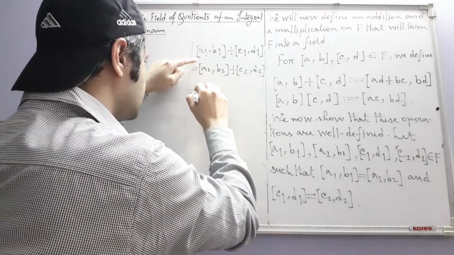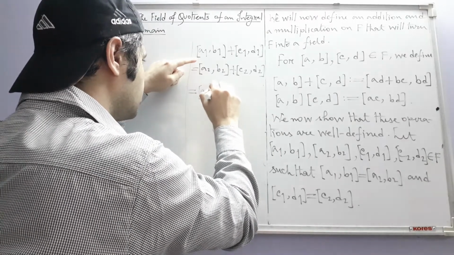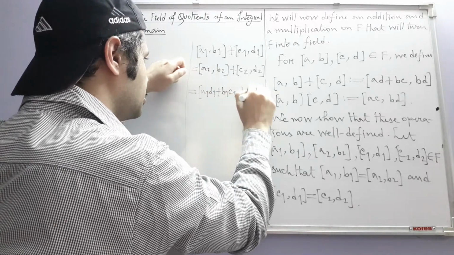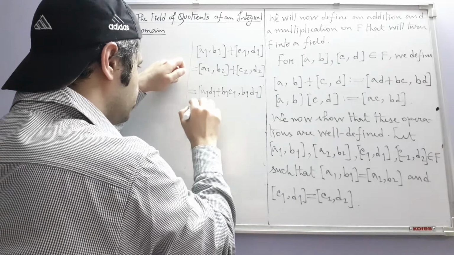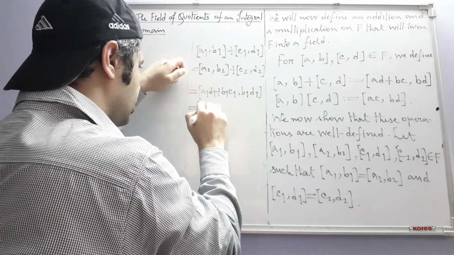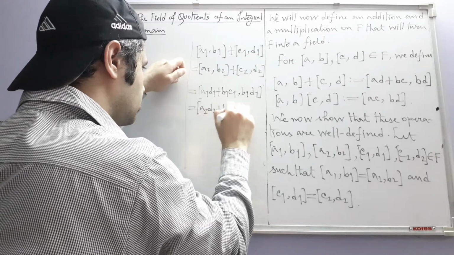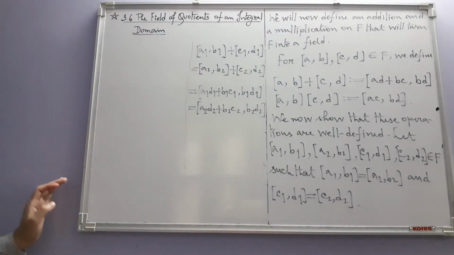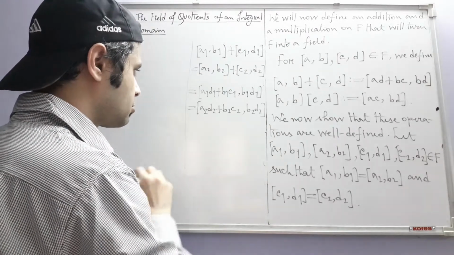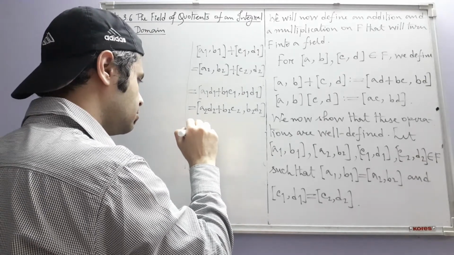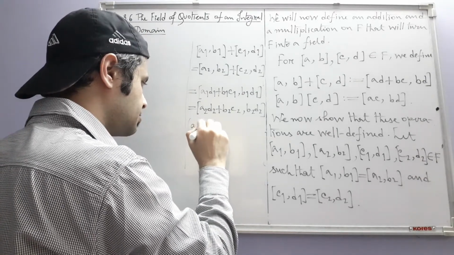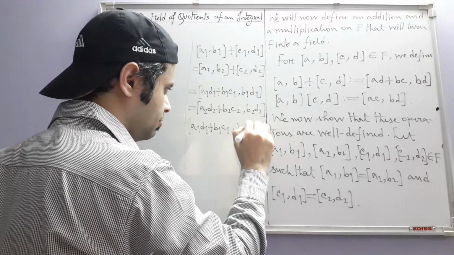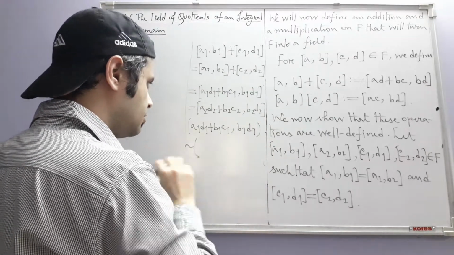So this means, according to the definition, this is (A1 D1 plus B1 C1, B1 D1). This should be equal to (A2 D2 plus B2 C2, B2 D2), and that amounts to showing that these two ordered pairs are equivalent.